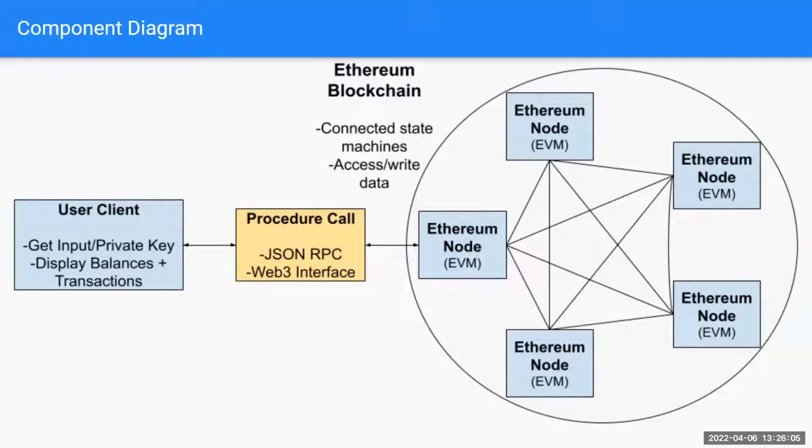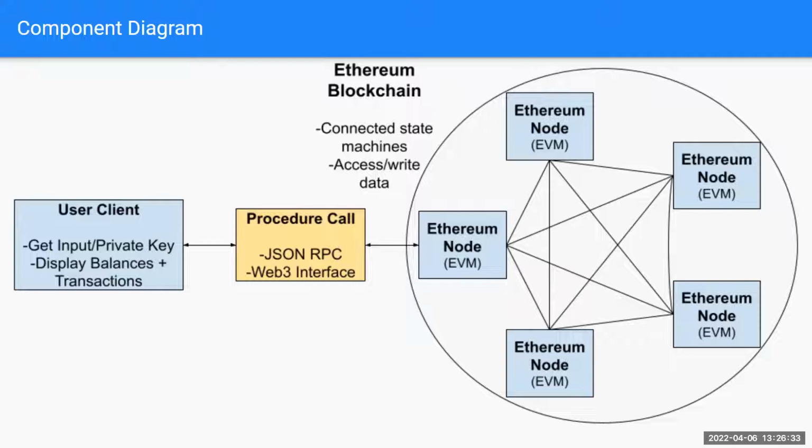In this project, the user client interacts with the user and is able to get user input and their private key from the input file. The user client also is able to display Ethereum balances and transactions to the user based on their requests.